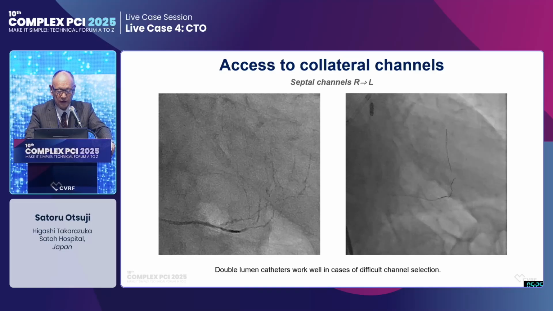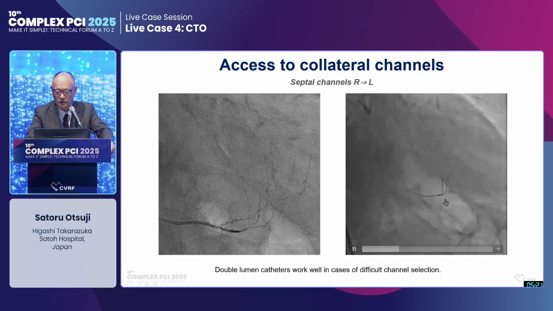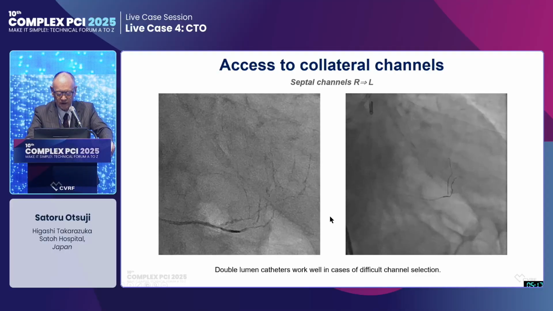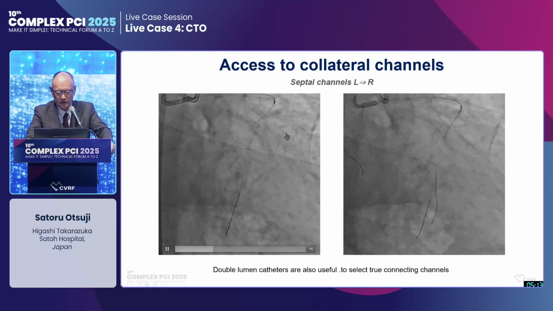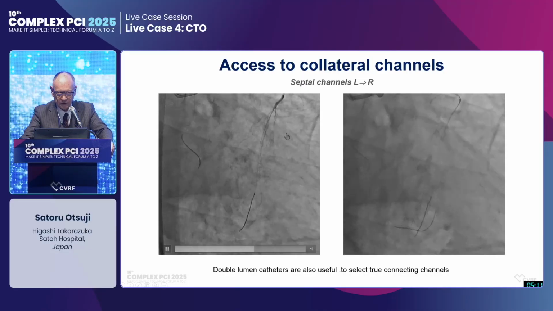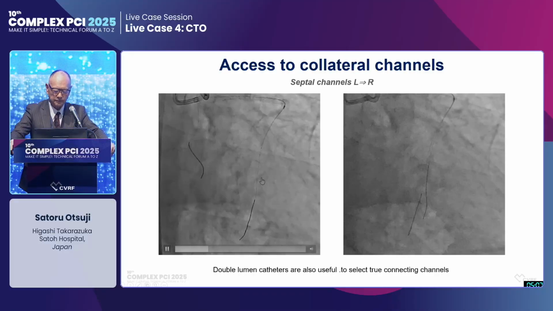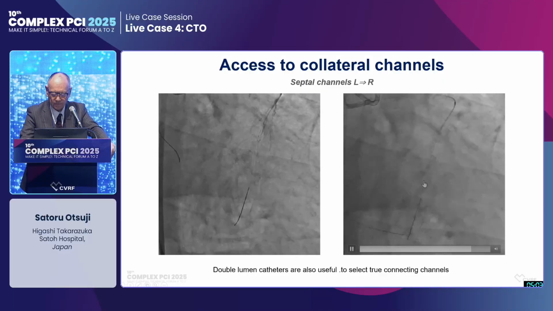We usually use a double lumen catheter, which works well in cases of difficult channel selection. This is an RCA septal channel from right to left, and the other one is a septal channel from left to right.